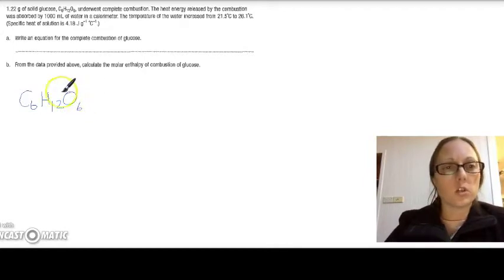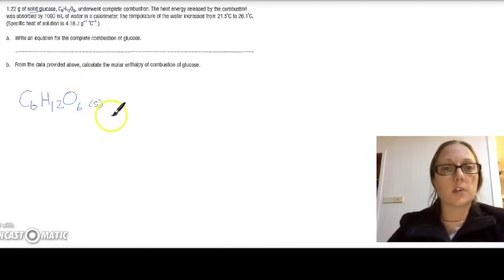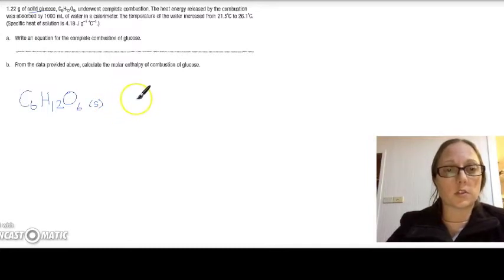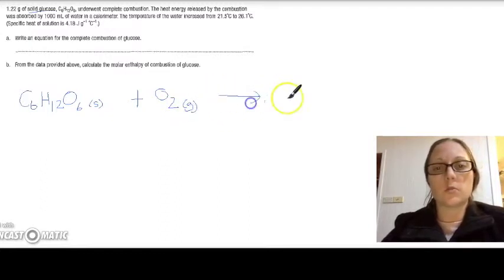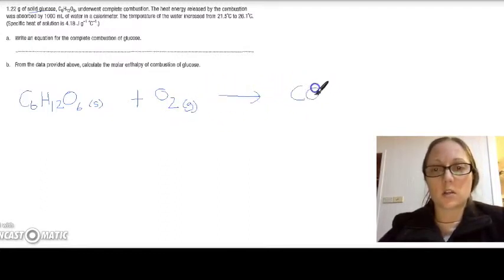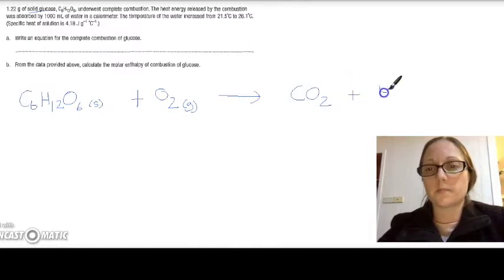Now it's important to note here that we are talking about solid glucose, so the state symbol for that is going to be solid. Now it's a combustion reaction, so it's burning in the presence of oxygen, and that's a gas, and it's going to form carbon dioxide and water.